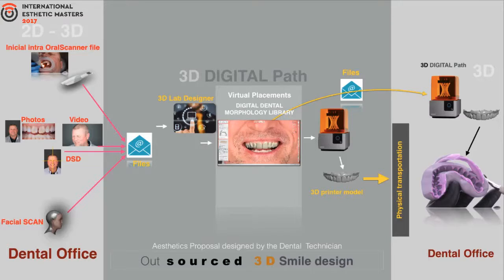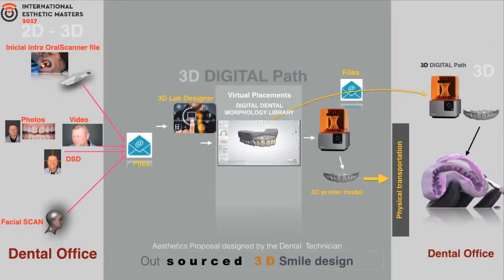If you compare this process with the chairside smile design workflow, you will notice that the digital dental morphology here substitutes the composite veneer placed directly into the patient's mouth.